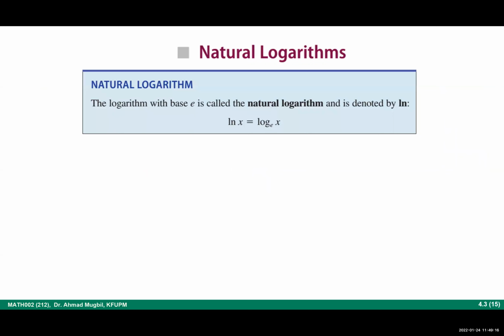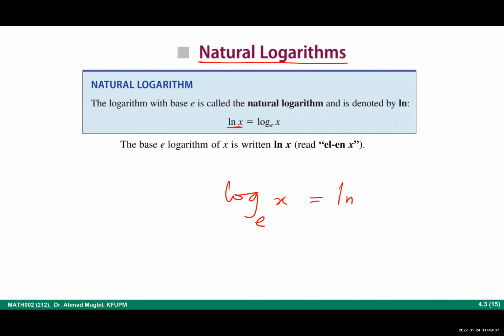I just would like to mention this at the end, Shabab, that the natural logarithm, when the base of the logarithm is e, the natural exponential, shortly we will write this as ln. It is formally read as l-n x, but I used to read it ln.